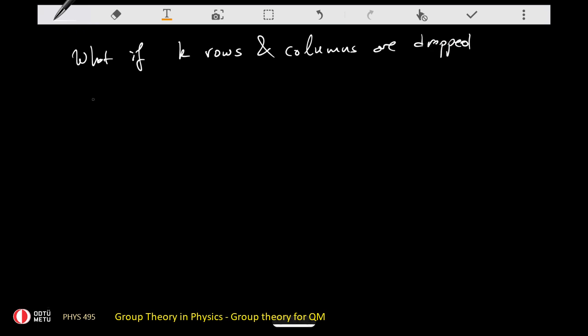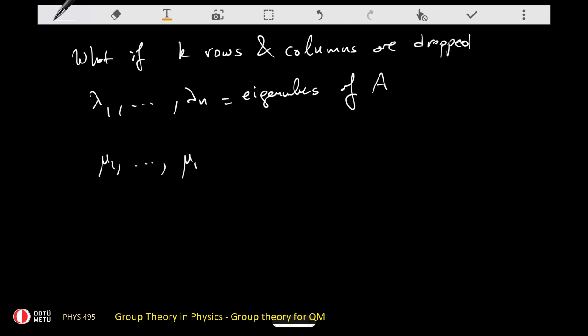So as a result, then we still have this. Again, let's see it like this. Lambda 1 to lambda n are eigenvalues of A, and mu 1 to mu n minus k are the eigenvalues of the submatrix.